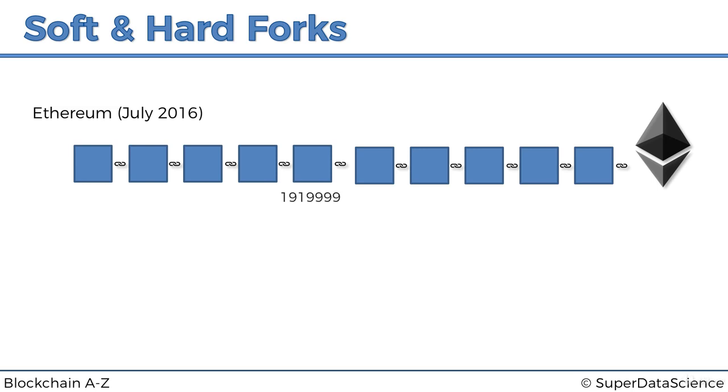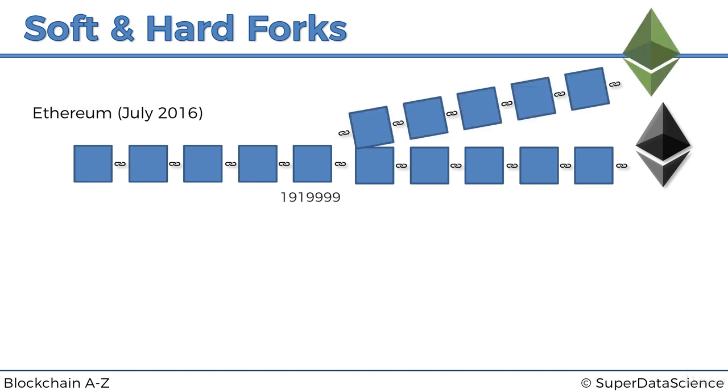And so what happened then is those miners that continued mining the old way and didn't upgrade split off into their own version, and that version is now called Ethereum Classic. So right now there's two. You can look them up on the exchange.